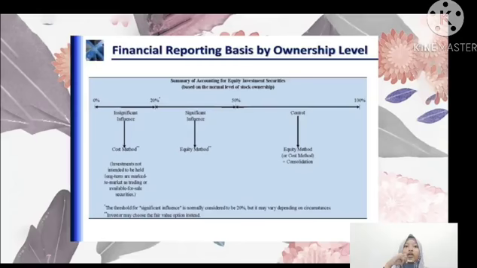If we have 20 until 50% of stock, we are said to hold significant influence, and we use the equity method. If we have 50 until 100% of shares, we are said to hold control over the other company, and we can use the equity method, the cost method, or consolidation.